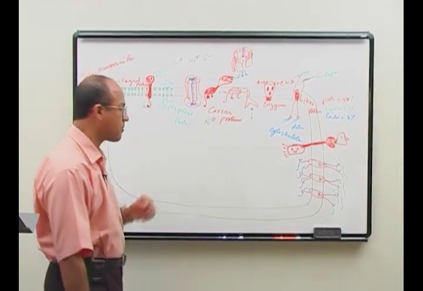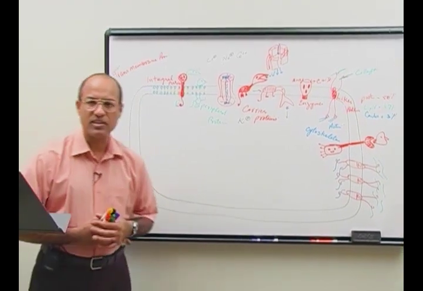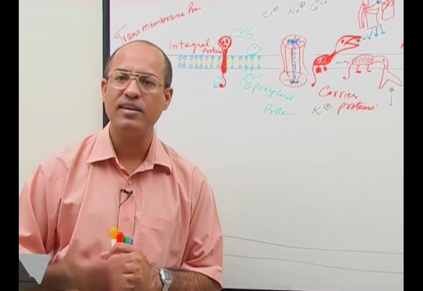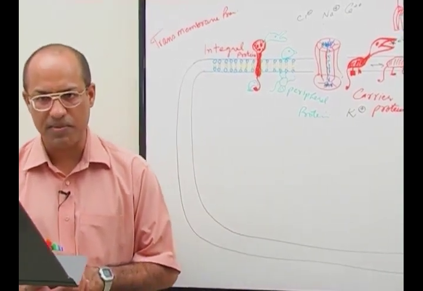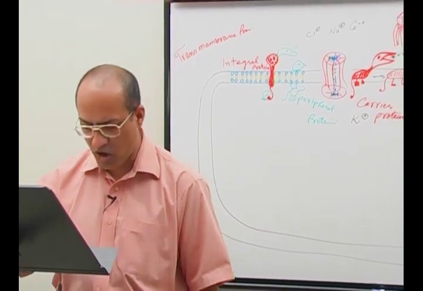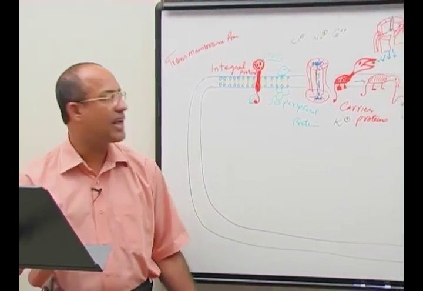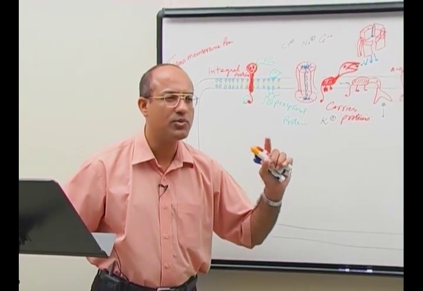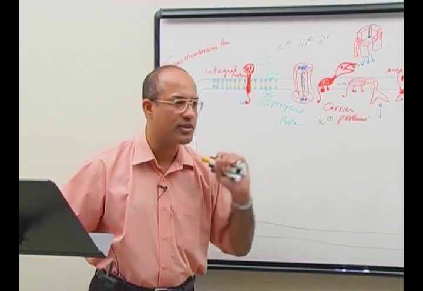And about peripheral proteins, as I told you, they are attached to the external aspect or the internal aspect of the cell membrane. Peripheral proteins are loosely, non-covalently attached, and they are held to the membrane only by very weak electrostatic forces.